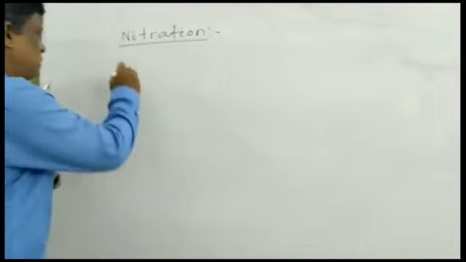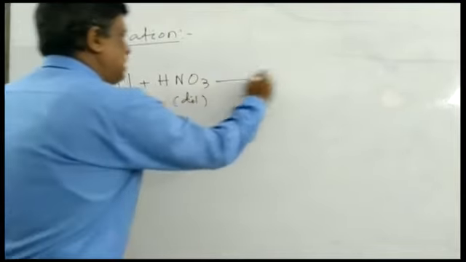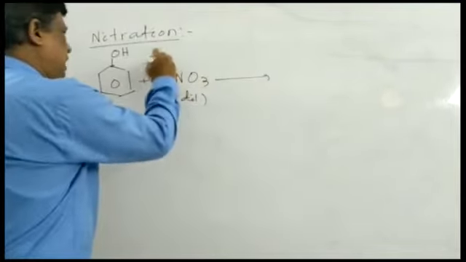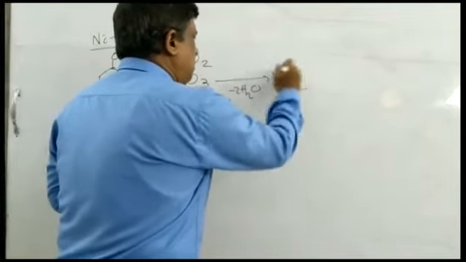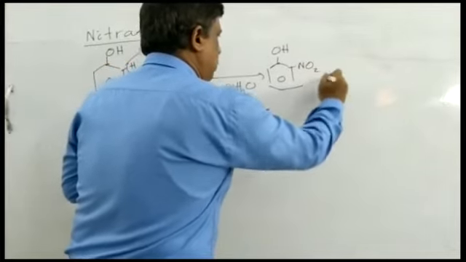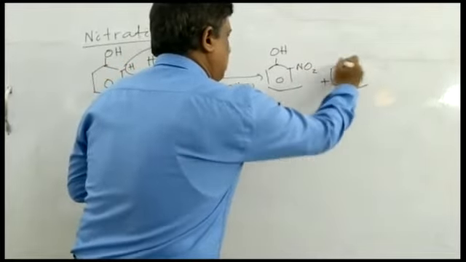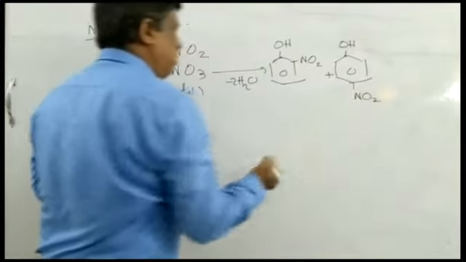Phenol treated with dilute nitric acid, HNO3, we write as HONO2, to form a mixture of o-nitrophenol and p-nitrophenol.